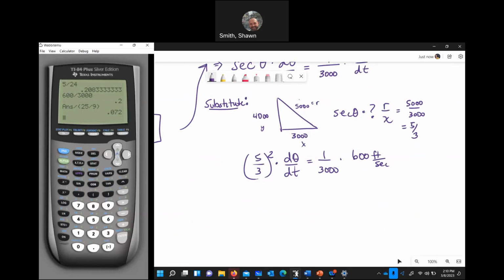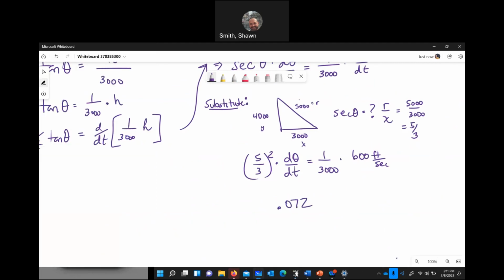It's going to give you 0.072. Now this is radians per second. Everything we do in calculus, your angle values are always going to be in radian measure, because radian is a ratio of arc length to radius, which is equal to 1. So this is going to give you 0.072 radians per second.